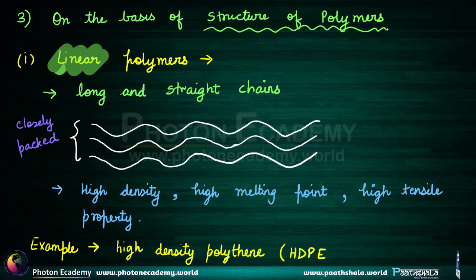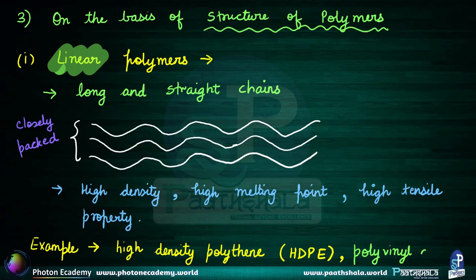Some other examples of linear polymers can be polyvinyl chloride, referred to as PVC. So these are some examples of linear polymers.